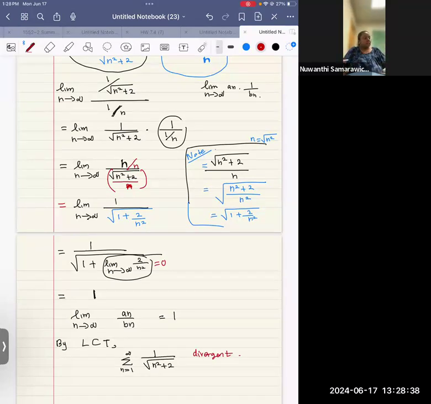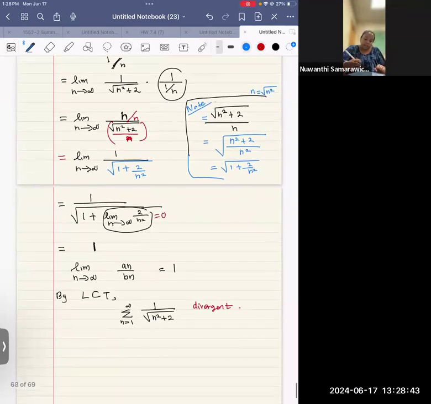Okay. So by this example, we can conclude the comparison tests. All the comparison tests we have done. This is the end of 11.4. So this is a new technique to show whether a series is convergent or divergent. The comparison test: we can use either the direct comparison test or the limit comparison test.